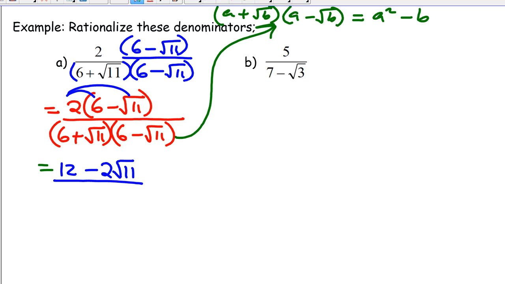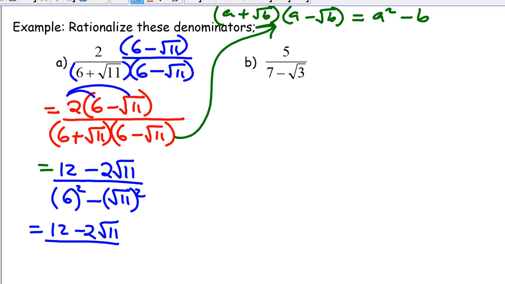Now the denominator will just have 6 squared minus square root of 11 squared, which means we'll have 12 minus 2 root 11 over 36 minus 11. Remember, 11 is our b. I was just adding an extra step to show you what's happening. So what we'll end up with is 12 minus 2 root 11 over 25. And that's it.